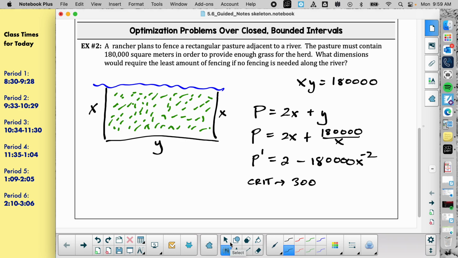What do I do from here? We have two choices. If you find the second derivative and you plug a critical number into the second derivative, it would tell you if it's concave up or down to tell you if it's max or min.